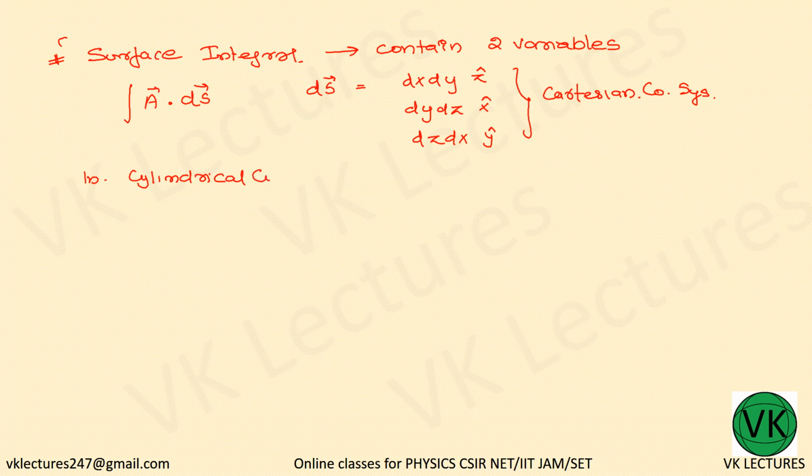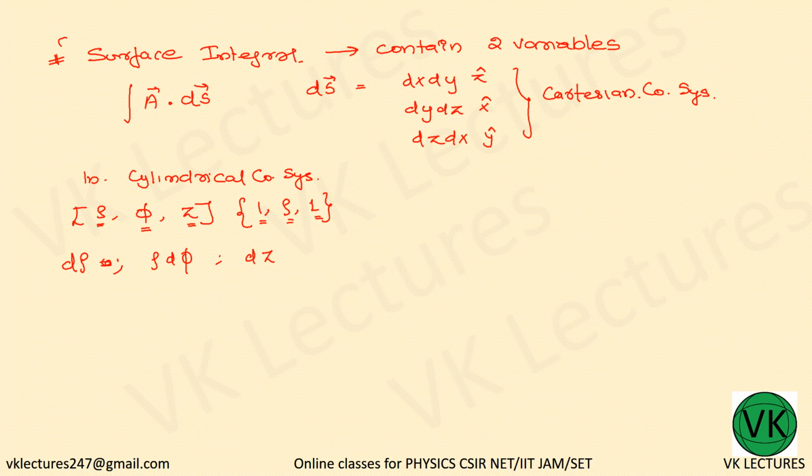Now the cylindrical coordinate system, we have rho, phi and z, and the corresponding metric elements 1, rho and 1. What are the length elements? d rho, rho d phi and dz. That means 1 times d rho, rho times d phi, 1 times dz.